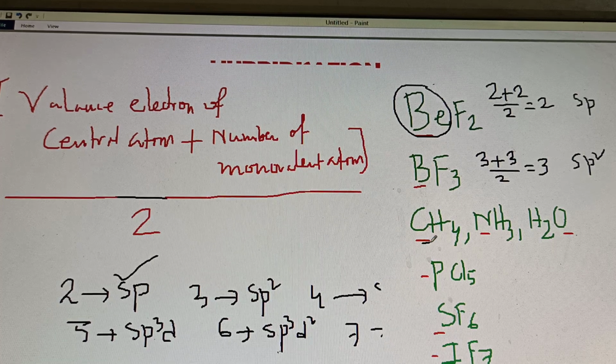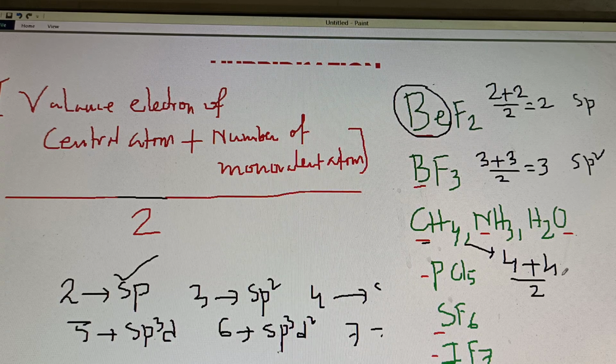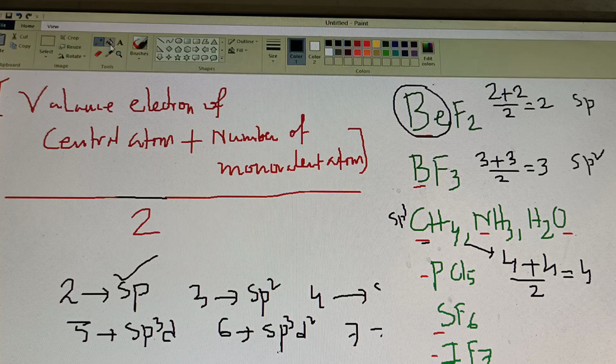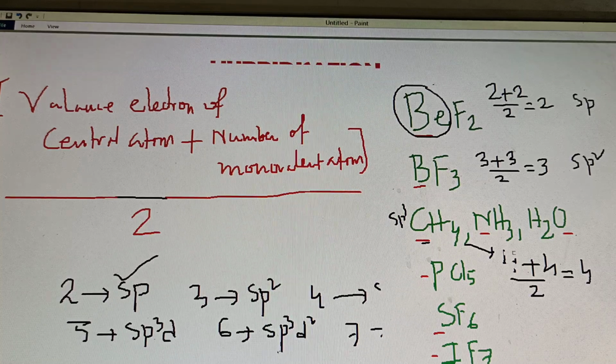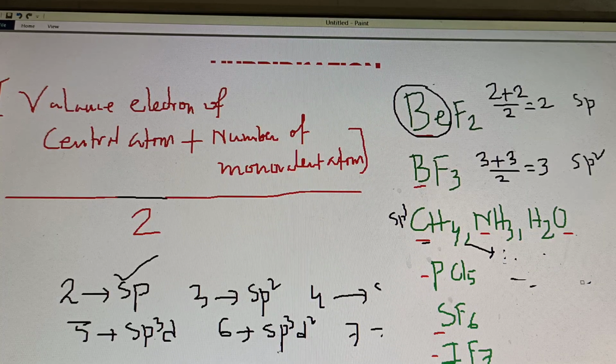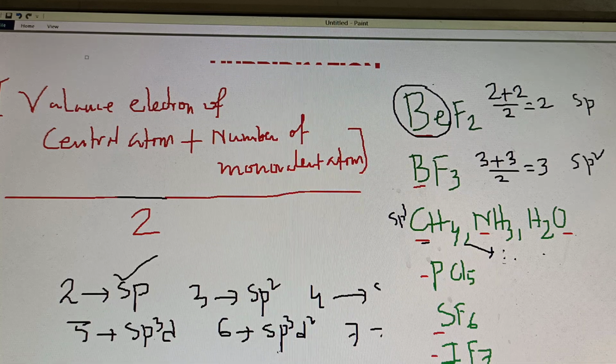For CH4, carbon 2s2 2p2, that is 4 valence electrons, plus 4 hydrogens attached, divided by 2, that is equal to 4, that is sp3. Okay, clear? Ammonia, how many valence electrons? 2s2 2p3, that is 5 valence electrons.